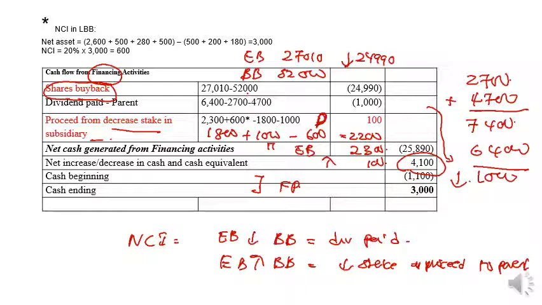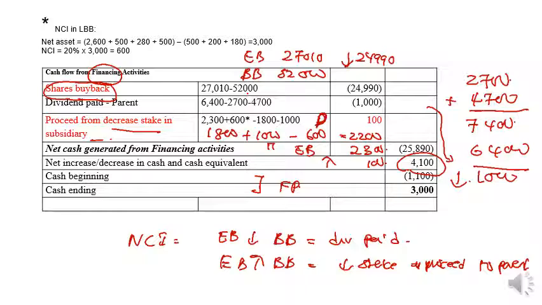So it means that there is a reduction of 24,990. Reducing by 24,990 here is a share buyback. You buy back your own shares, so that one we're going to minus, because you involve some cash. You buy back your own shares means that you need to pay the existing shareholders.